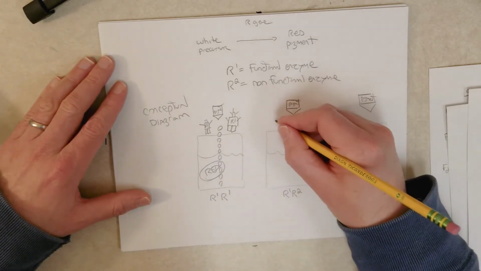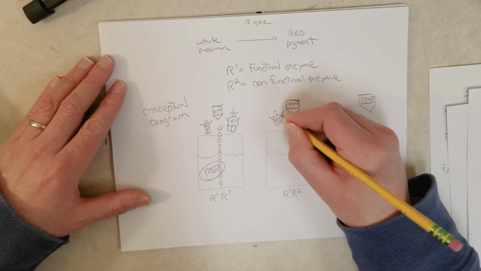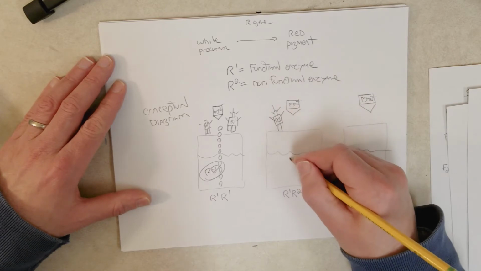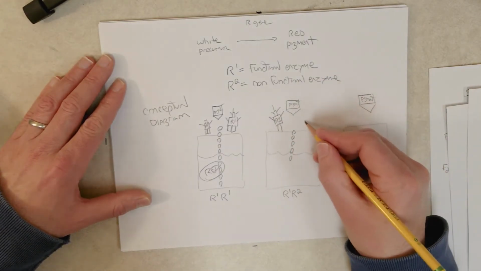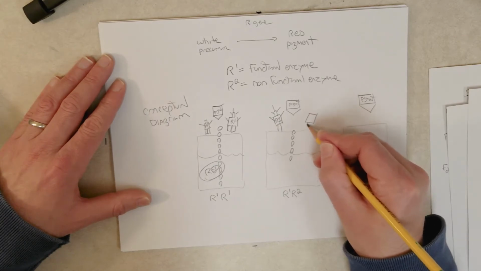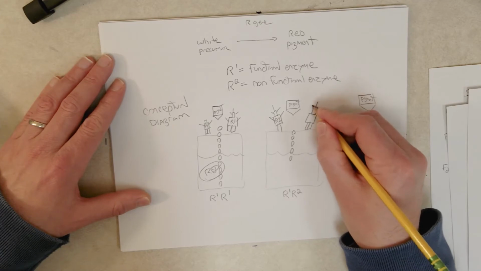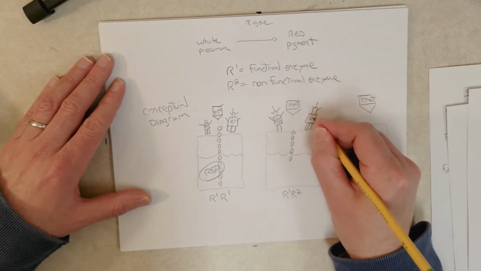Now over here, we've got one little R1 robot, which represents the functional enzyme. Now it can add 5 drops of the pigment. But the R2, let's say something's wrong with this enzyme. There's a mutation which causes this robot to have no arms.